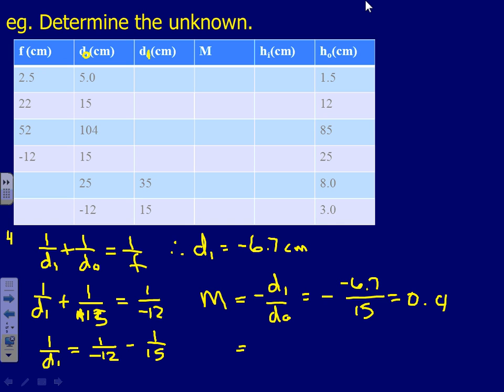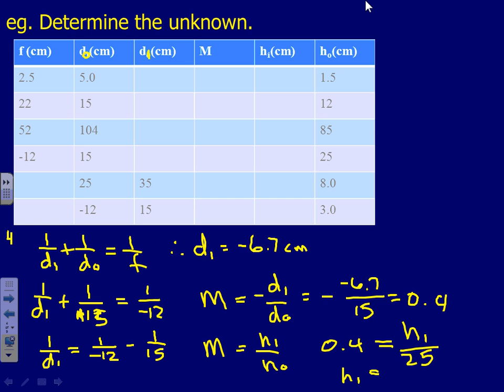Okay? So let's eventually get the height of the image. M is equal to hi over ho, and 0.4 is equal to hi, which is what we want, and the object's height is 25 centimeters, so I'm bringing that 25 centimeters up there, and I'm multiplying it by 0.4, so hi is equal to.